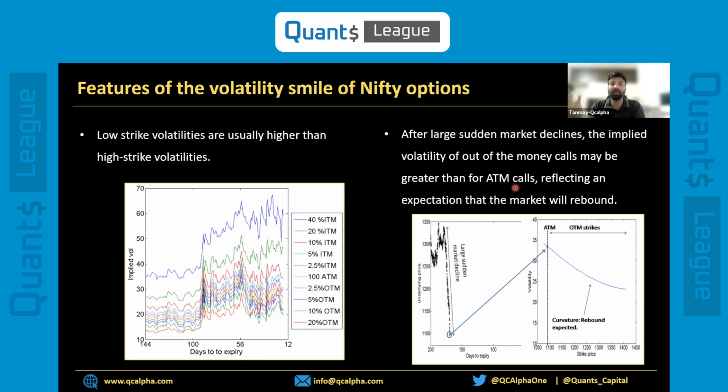They become pricier because for every fall, there is a perception that the market is going to rebound very fast. When we feel that, the pricing on your OTM calls becomes heavier and heavier, and that is why the curve rebounds and the pricing is different.